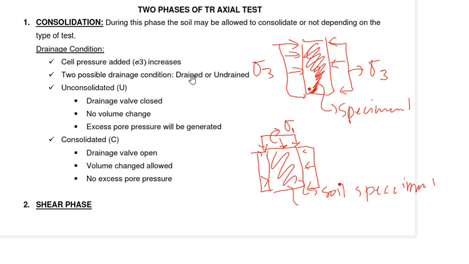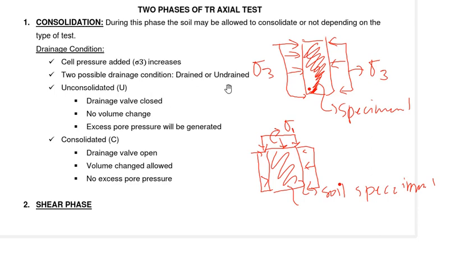So this allows our valve to be open or closed. If drained, our valve is open. If undrained, our valve is not open. So the drainage valve may either be open, allowing drainage, or closed, creating an undrained condition.